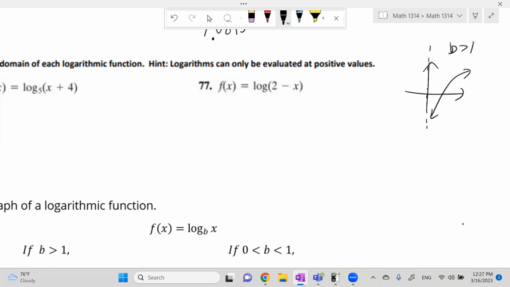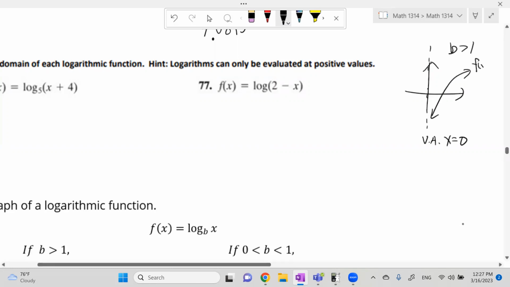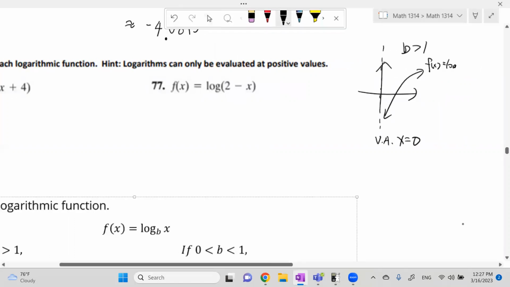This is called the vertical asymptote, x equals 0, and the form of the function is log base b of x. So the domain is from 0 to infinity. This graph is approaching x equals 0, but never touches it.